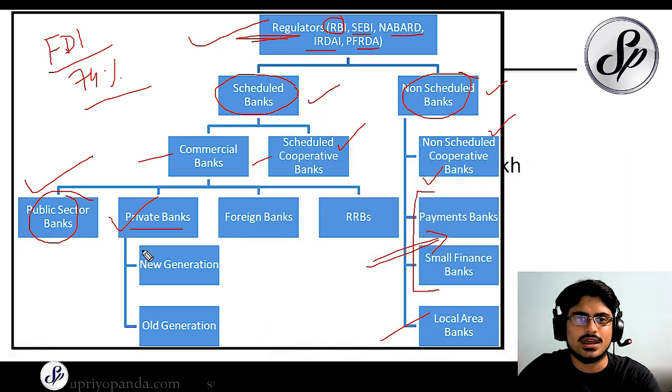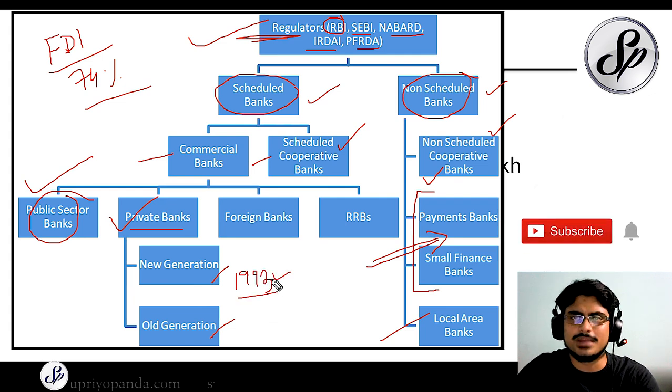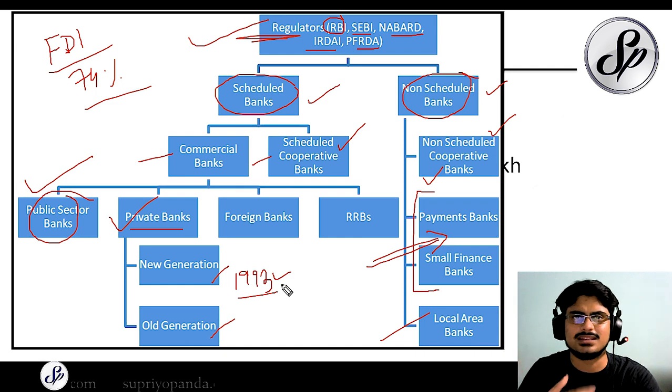This is a very interesting fact, and someday we are going to elaborate on that, not so relevant right now. And of course we have both the new generation and the old generation private sector banks. So the new generation are the ones which were formed since 1993. So we have banks like the HDFC Bank, Axis Bank, then we have the IndusInd Bank, and all the different kinds of banks that came after that. So the Yes Bank, the Bandhan Bank, all of them are classified as new generation private sector banks.